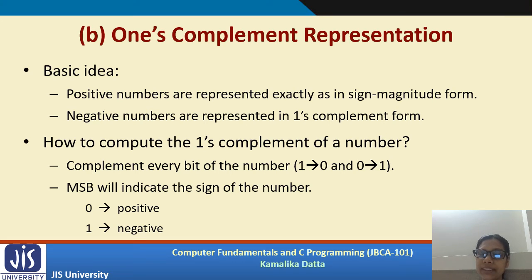So what is the representation of 1 in 4-bit? 0001. So the one's complement representation will be 1110. 0 is converted to 1, 1 is converted to 0. And the most significant bit will indicate the sign of the number. So it becomes minus 1. This is how it works.